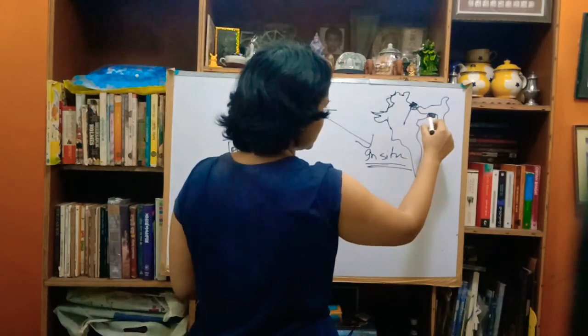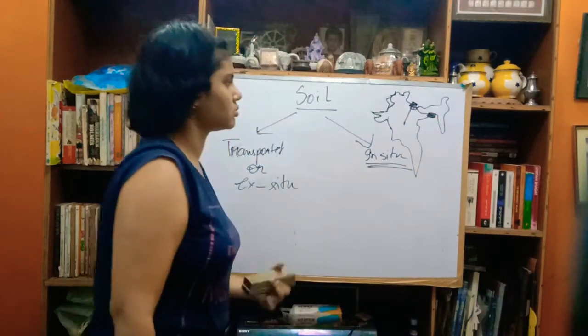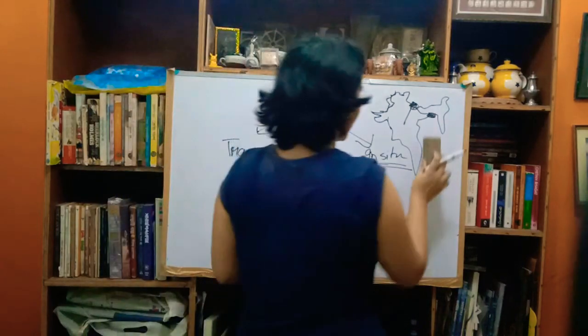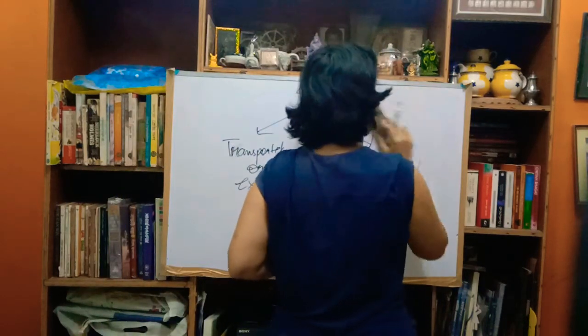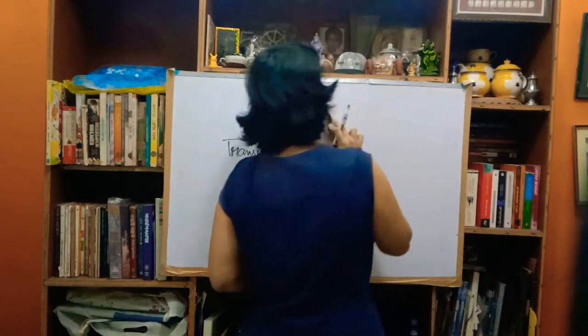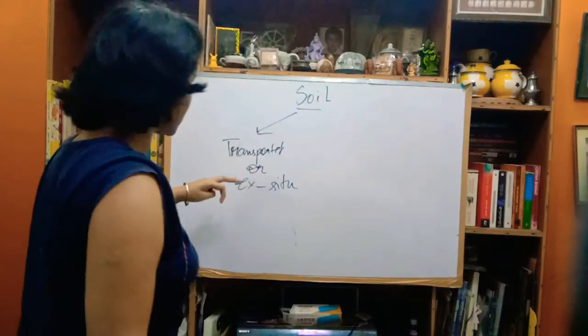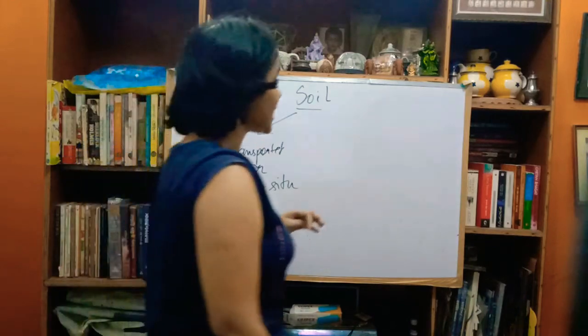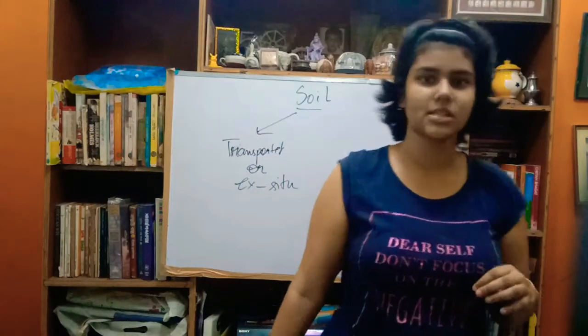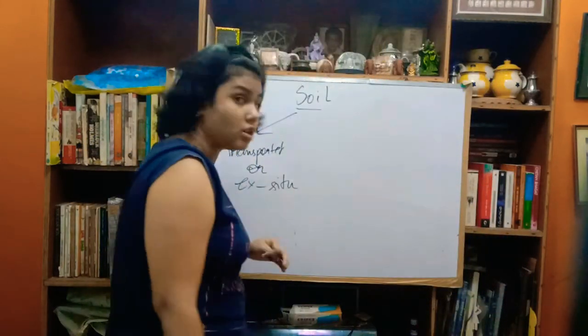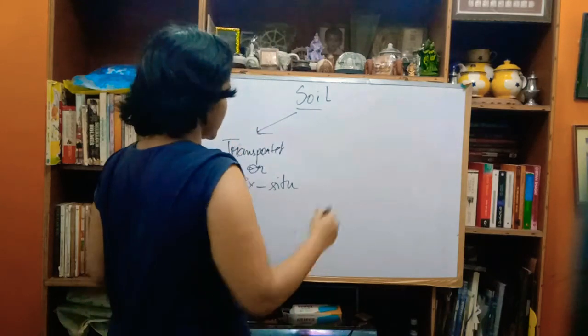This is West Bengal. Now, how is this possible? The rock weathers and then the soil is transported. Hence, it is called transported or ex situ soil, a soil which is not formed at its place of origin of the rock, the parent rock material.